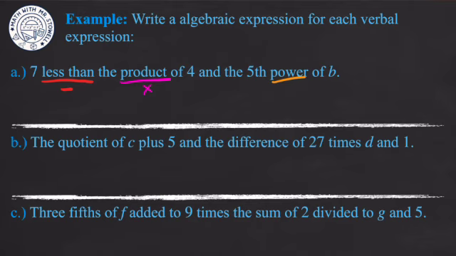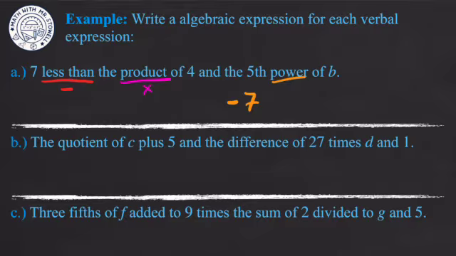We know that we're going to have 7 less than something else. Be careful on the order of this. 7 less than something else means that we subtract 7 from whatever it is. So if we had 9, 7 less than that would be 9 minus 7, not 7 minus 9. So be careful about order.